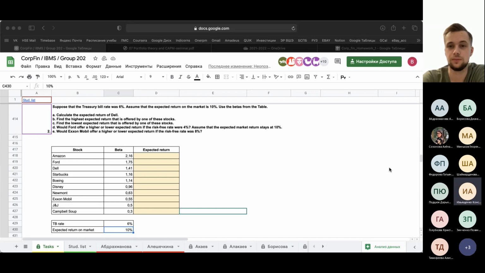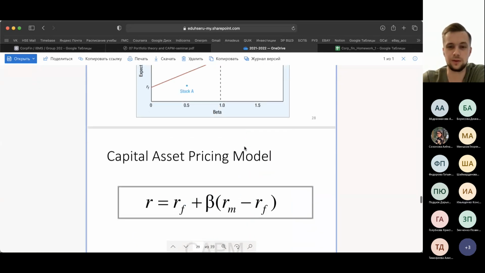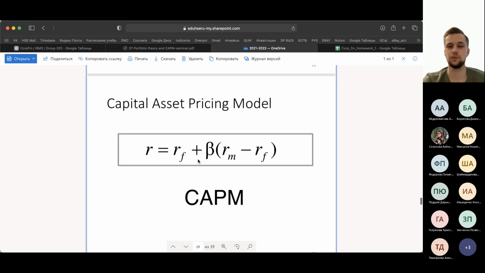Maybe the SML model from the previous lecture. Yes, the security market line. It is connected with the security market line, and it's called the capital asset pricing model.